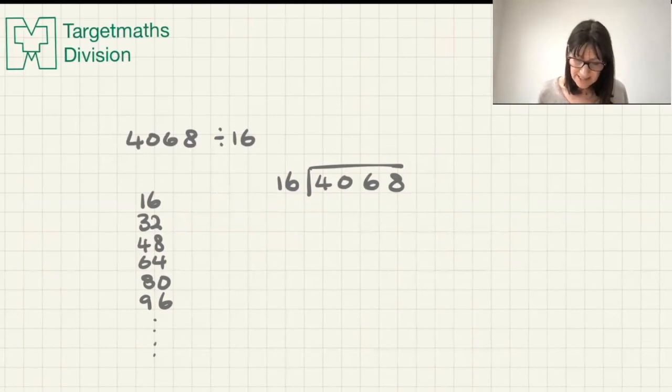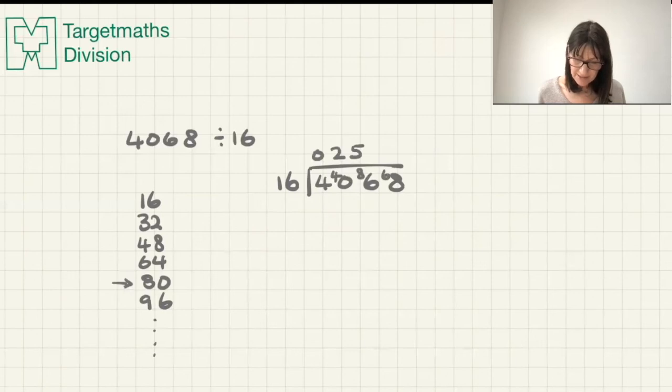So 16s into 4, obviously they don't go. 16s into 40, if I carry that 4 over, it's going to go 2. And then that's leaving me 8. Okay. 16s into 86, okay, that takes me to there with 6 left over. So that's 1, 2, 3, 4, 5, okay, and I've got the 6 here left over.